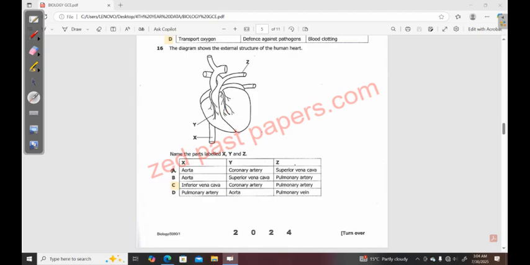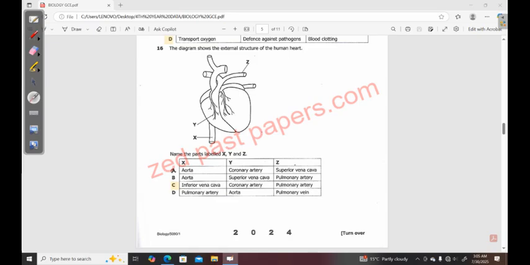Just at the bottom here, you have your inferior vena cava. Then you look at Y. Y is a blood vessel, but what type of blood vessel were they referring to?